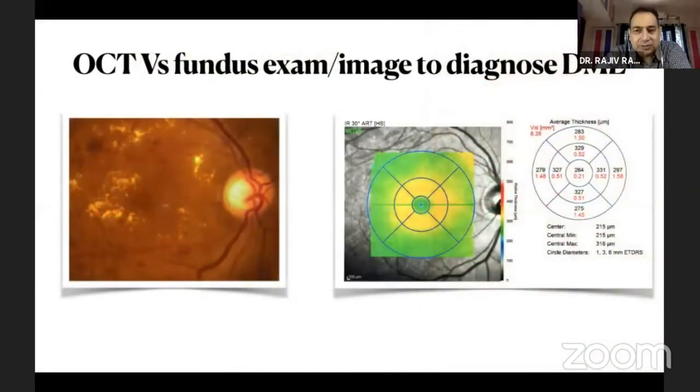Just before we start with the role, how do you diagnose diabetic macular edema? Is it OCT, a clinical examination, or a retinal photograph? Yes, definitely by good biomicroscopy and a photograph we can know about diabetic macular edema, but OCT is an important feature.